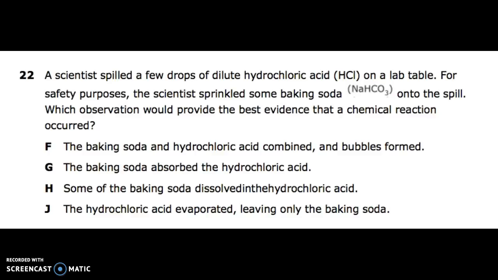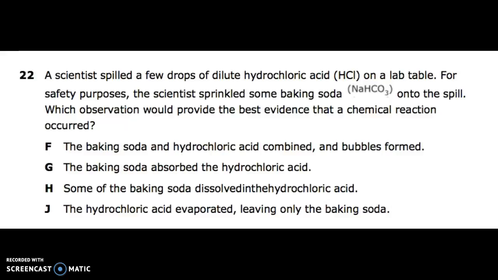F, the baking soda and hydrochloric acid combined and bubbles formed. G, the baking soda absorbed the hydrochloric acid. H, some of the baking soda dissolved in the hydrochloric acid. J, the hydrochloric acid evaporated, leaving only the baking soda.